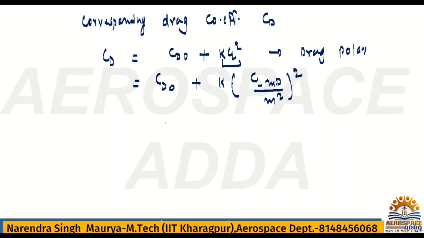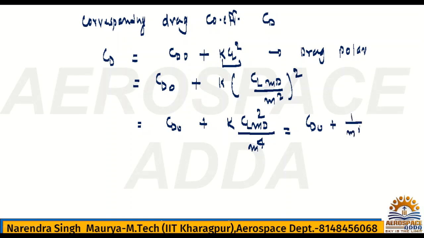So this is nothing but CD naught plus K CL MD square divided by m to power 4. This will be CD naught plus 1 by m power 4.